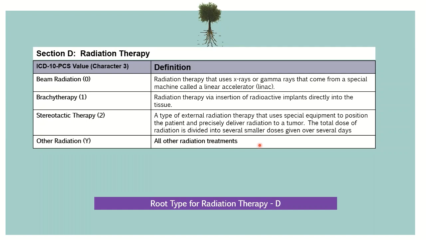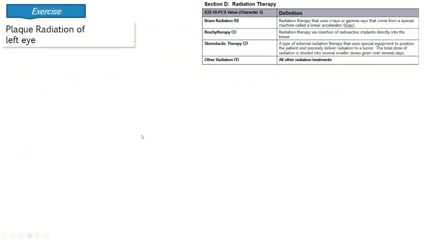All right, coders, now that we've learned the key root types or modalities for section D, let's demonstrate our knowledge with these next exercises. All right, plaque radiation of the left eye. On the right, I have my modality or root type chart. Go ahead and tell me what the root type is.